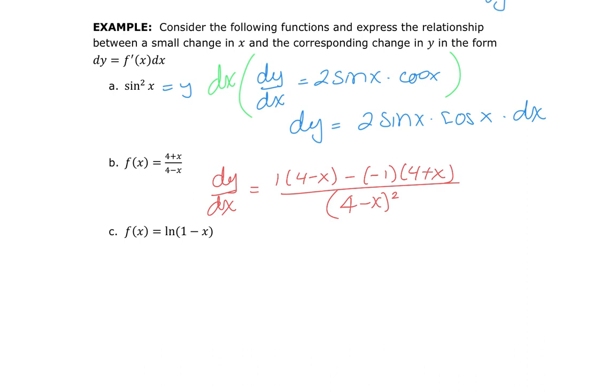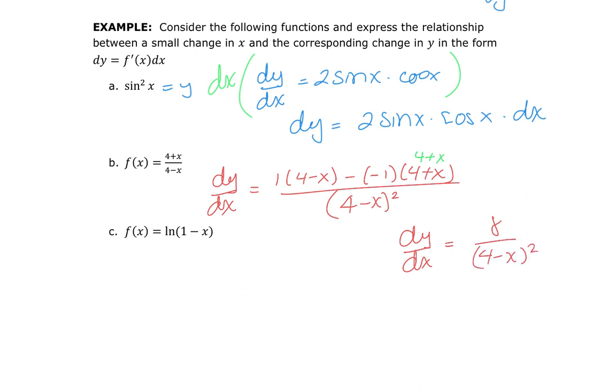I'm going to clean this up a little bit algebraically. If I distribute this through, that's going to be a positive, so that's going to just be 4 plus x. My x's will cancel, so I'll end up with 4 plus 4, which is 8, over 4 minus x, the quantity squared.